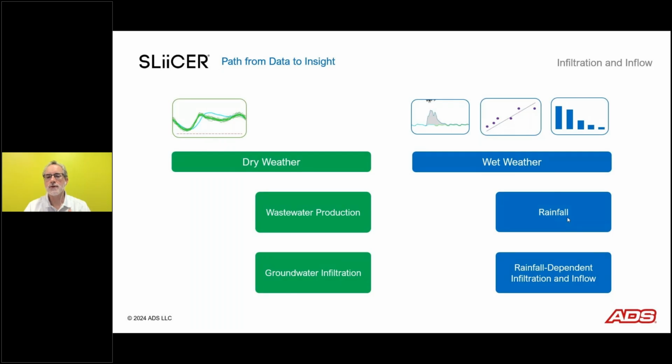With the wet weather portion, we can characterize those rainfall events: how much rain fell, what's the return frequency of that rainfall event, statistics like that. Then we calculate the RDII parameters associated with those events, and be able to see the trend amongst the various rainfall events and prioritize those events or that performance amongst our different basins.